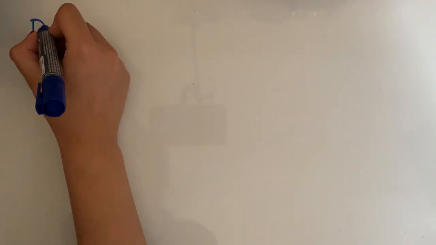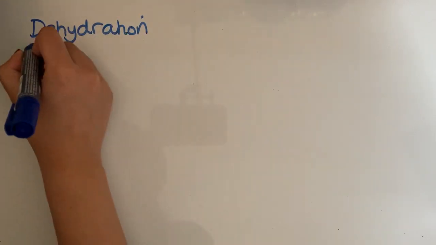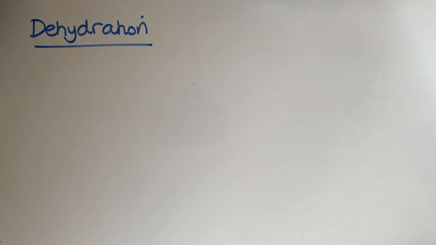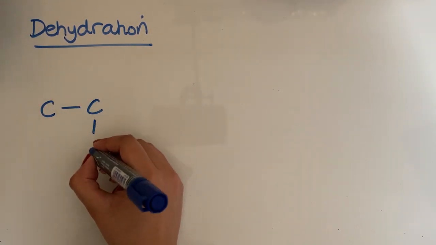Right, so let's now have a look at the dehydration reaction of alcohols. Hydration is where we add water. Dehydration is where we're going to remove water. So we're going to start off with our alcohol.